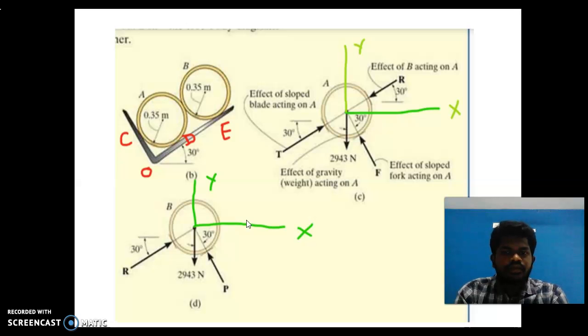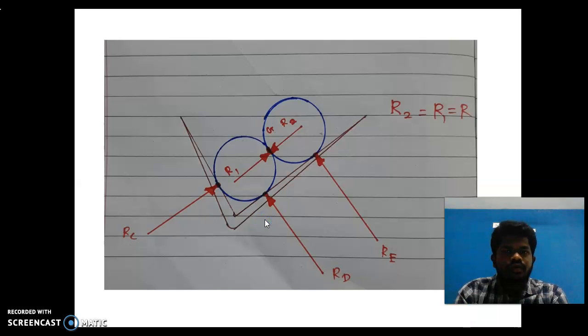Here I draw the free body diagram. RC means the reaction force at point C. Here this is the contact point C, and this is the contact point D. At that point, the forked tines apply the reaction force on the pipe, so RD is the reaction force at D. Here the reaction force at E, this is the E point.